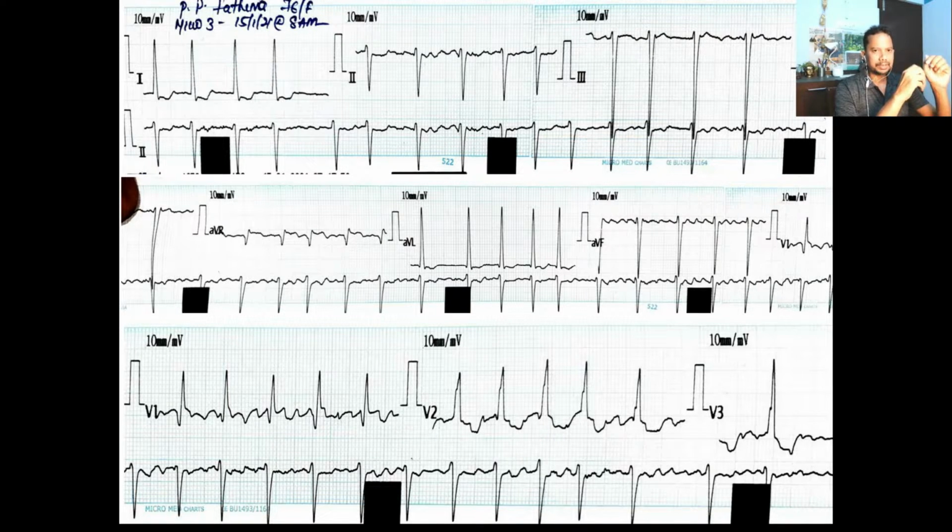One small square is 0.04 seconds in duration. There are 5 small squares in 1 big square. So 1 big square is 0.04 into 5, 0.2 seconds. So 0.20 second is 1 big square. How will you make it 1 second? 5 big squares is 1 second, into 6 is 6 seconds.